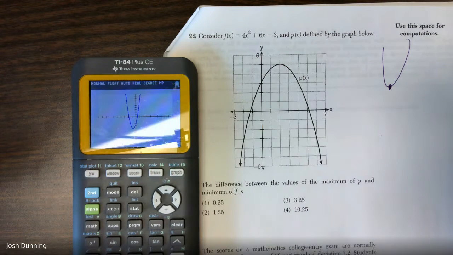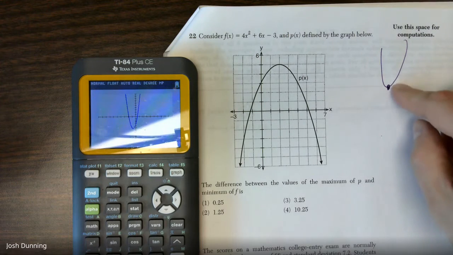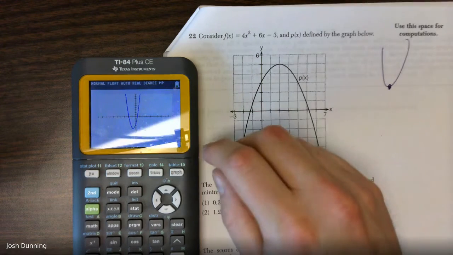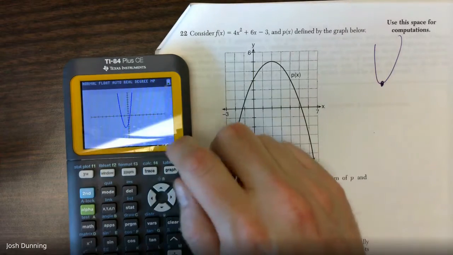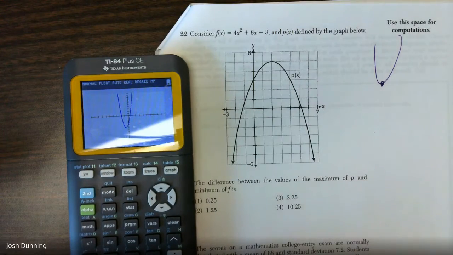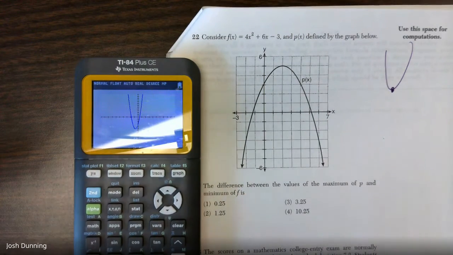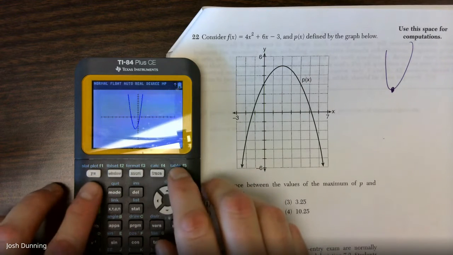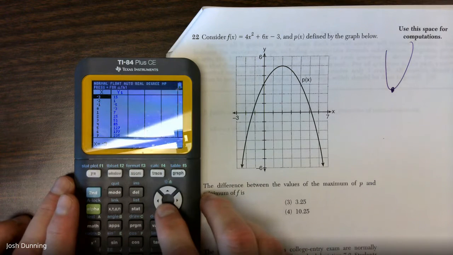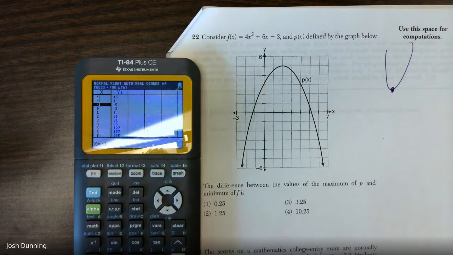There we can see it right from our graphing calculator. The minimum would be at negative 1.